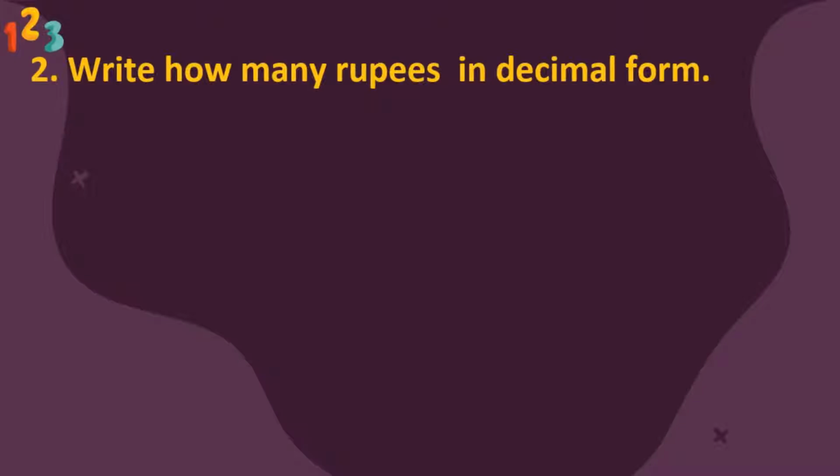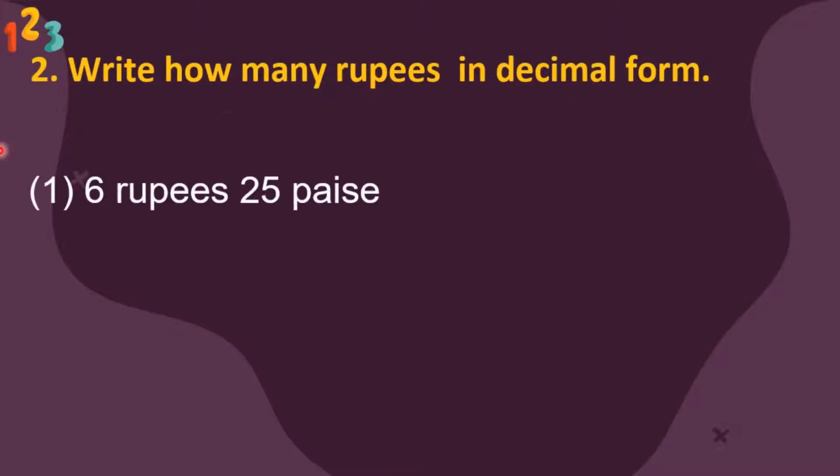Let us solve some more examples. The question is, write the given rupees in decimal form. The first example is 6 rupees 25 paise. We know that we write the rupees part before the decimal point.